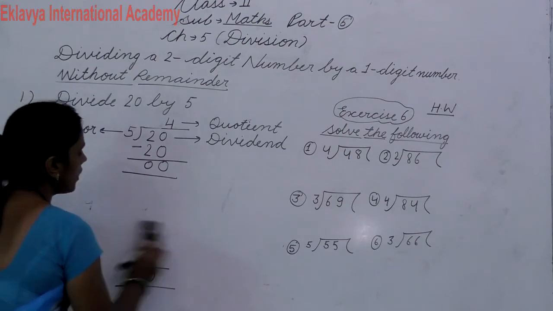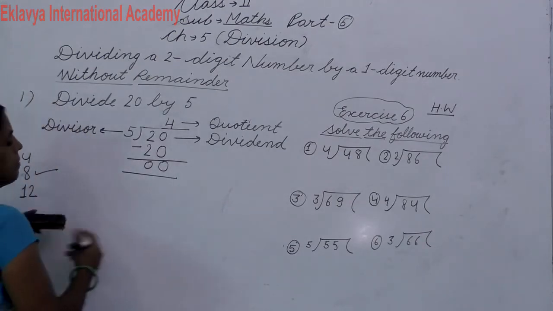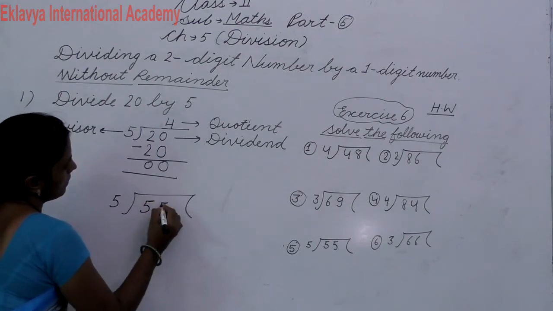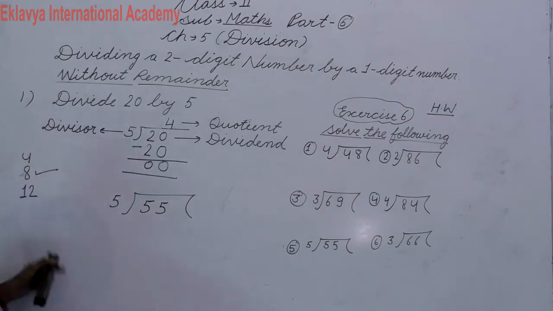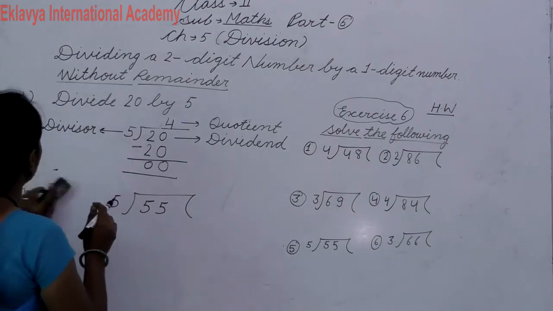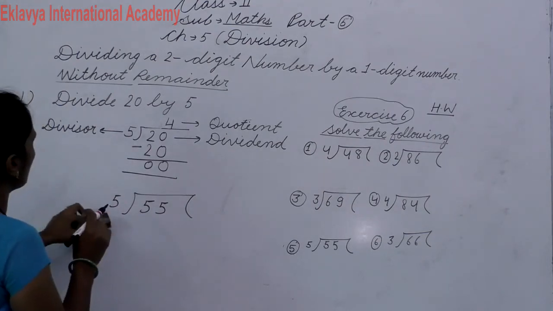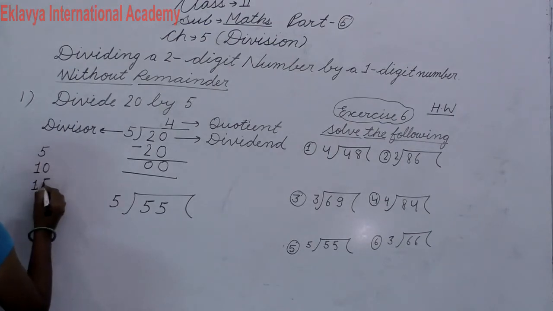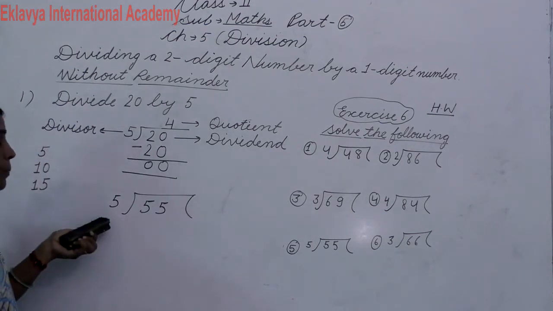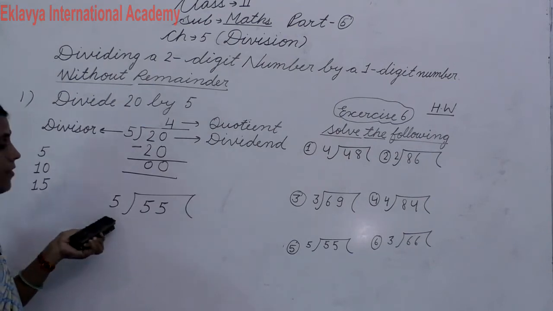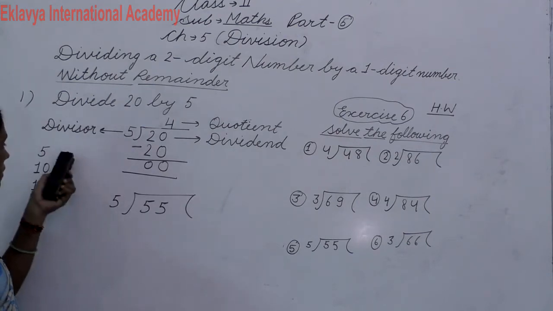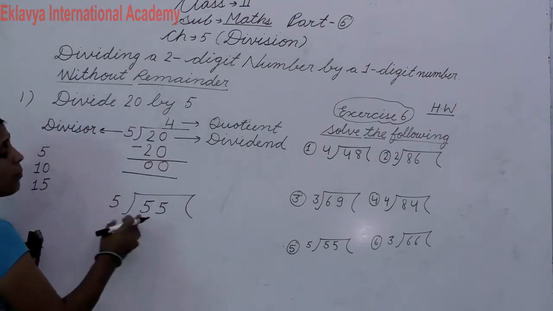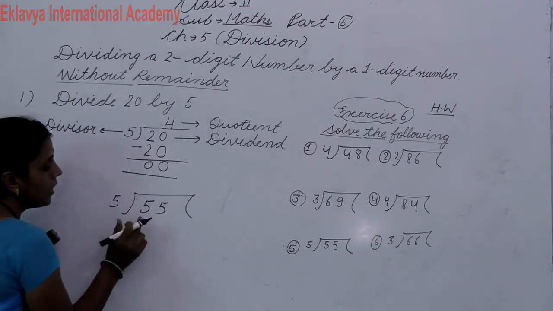I am giving one more example, like this type. So again we will speak the table of 5: 5 ones are 5, 5 twos are 10, 5 threes are 15. Now, in the table of 5, 5 has come. I told you from where we start: we will start from here.